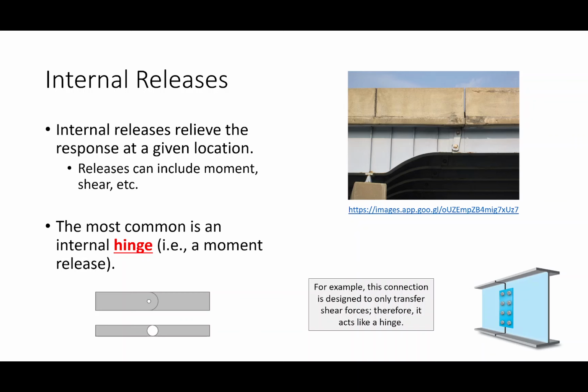Now, we've talked about internal releases before. From a modeling and mathematical standpoint, internal releases are essentially points on the structure for which you know the internal response. The most common internal release is a hinge, okay? And a hinge is a known point on the structure where the internal moment is 0. Hinges cannot resist moment.